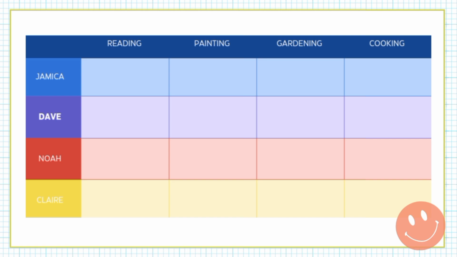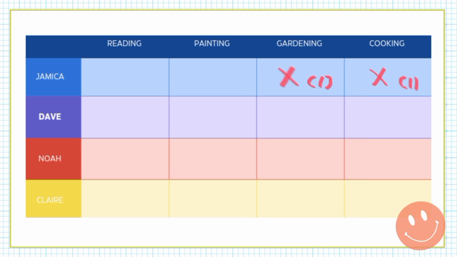So we need to put an X on the intersection of Jamaica and those two hobbies, here for the gardening, and here for the cooking from our first clue as well. Now, what is our second clue? Our second clue is the person who enjoys gardening is neighbors with Noah, and Noah doesn't enjoy painting.